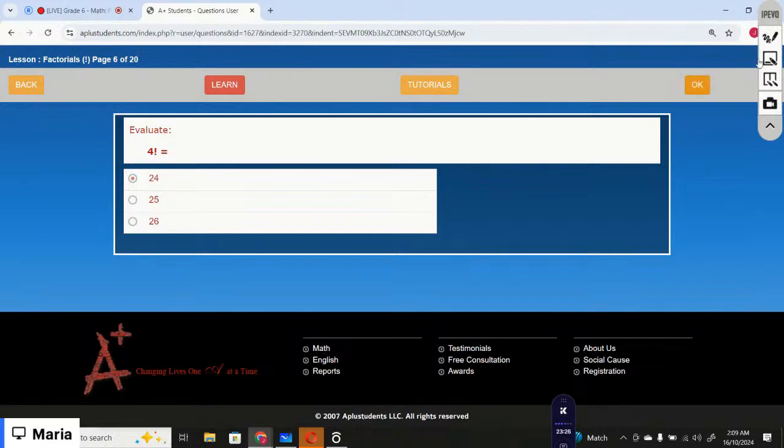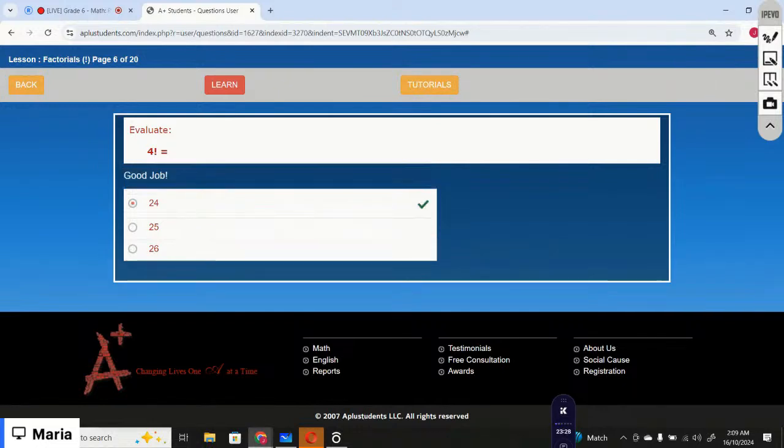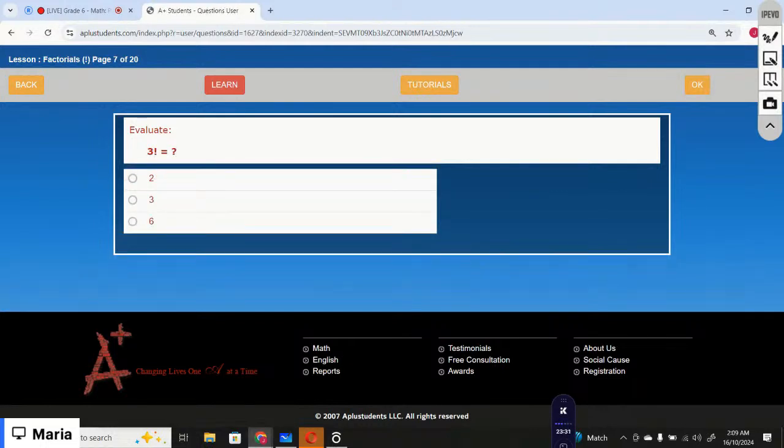It is option number 1, the correct option. The next one is 3 factorial.